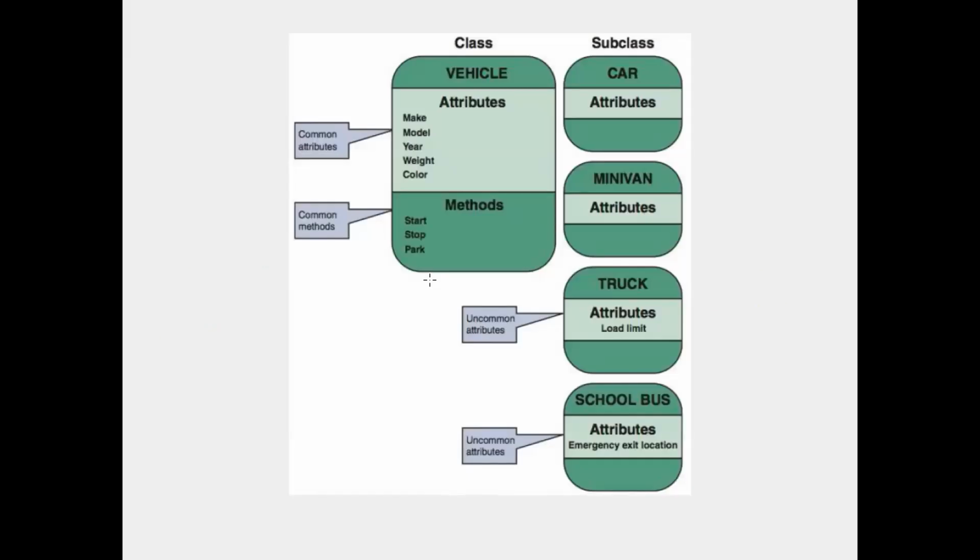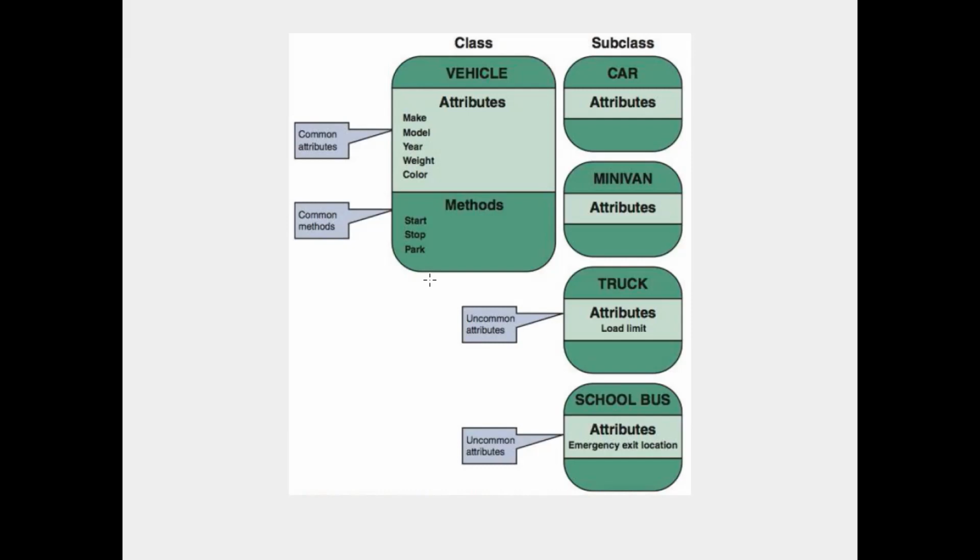According to the example given here, you can see a class vehicle, and there are subclasses like car, minivan, truck, school bus, right? The vehicle has a set of attributes and methods. Subclasses sometimes have their own set of attributes.